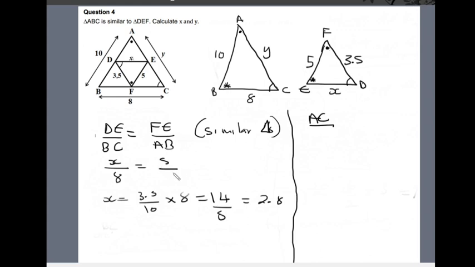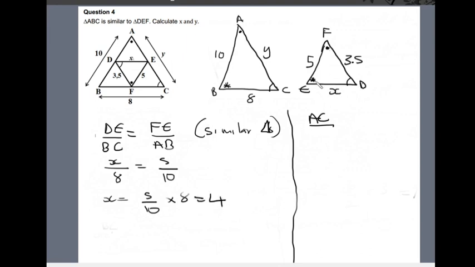FE over AB, AB is 10, right? So now I needed to say 5 over 10 times 8. That will be equal to 4, right? 5 over 10 times 8 is 4. So x is equal to 4.